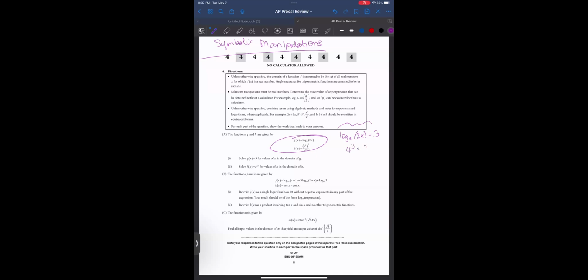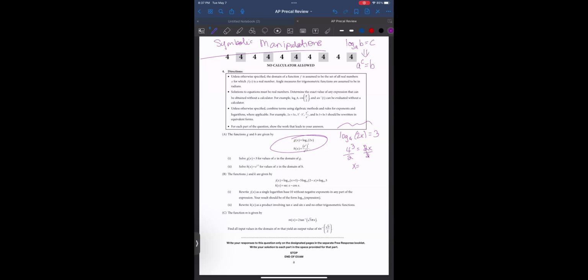4 cubed equals 2x. Divide by 2. Wait, how'd you get 4 cubed? Because remember that log base A of B equals C is the same thing as saying A to the C equals B. Oh, I forgot about that.